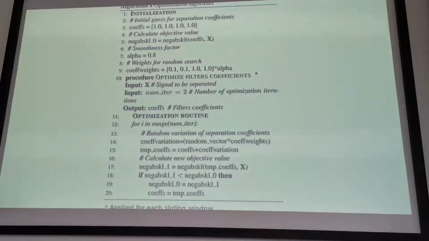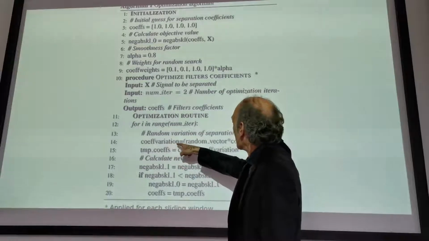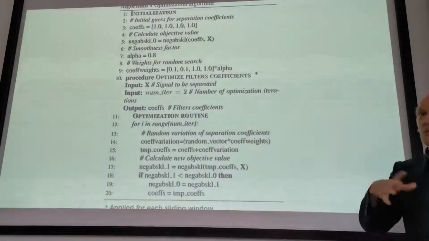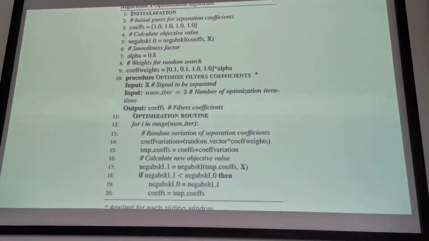Yeah, this is actually the optimization algorithm. So I call it random directions because we have random variations here. So basically we have a random vector, give it certain variance, and then start at a point, give it a random direction to test the new value of the objective function, and if this new objective function is lower, then the current point goes there. If not, we try again. So this is basically all.